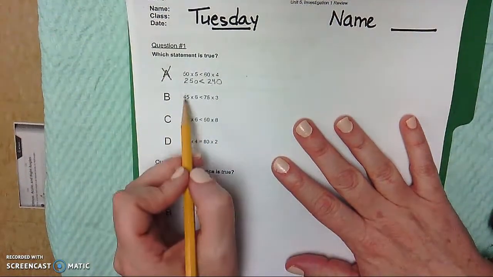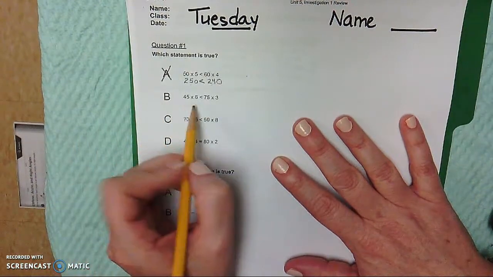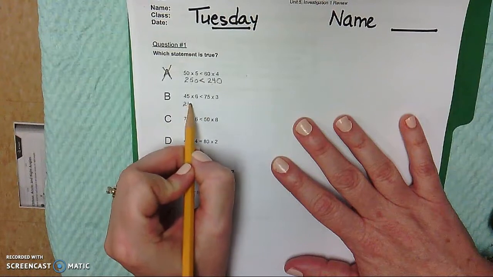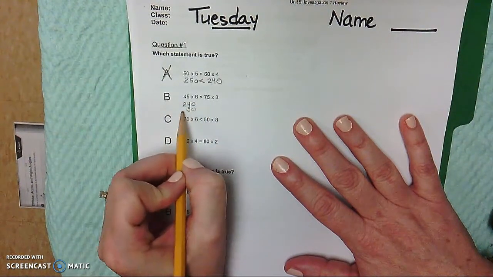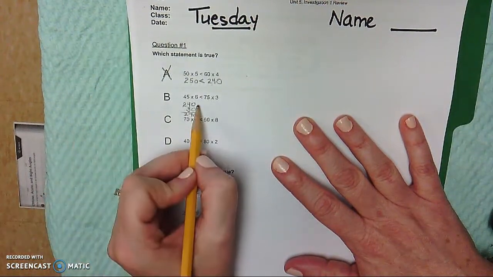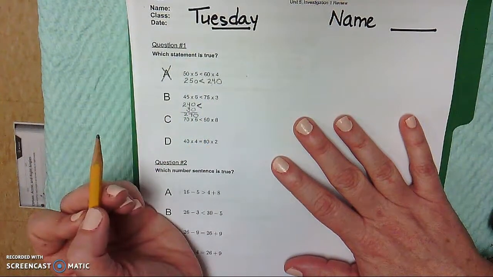Okay? All right, let's look at 45 times 6. I'm going to break that apart into 40 times 6, which is 240, and 5 times 6, which is 30, and I know that gives me 270, and they're saying that is less than whatever 75 times 3 equals.